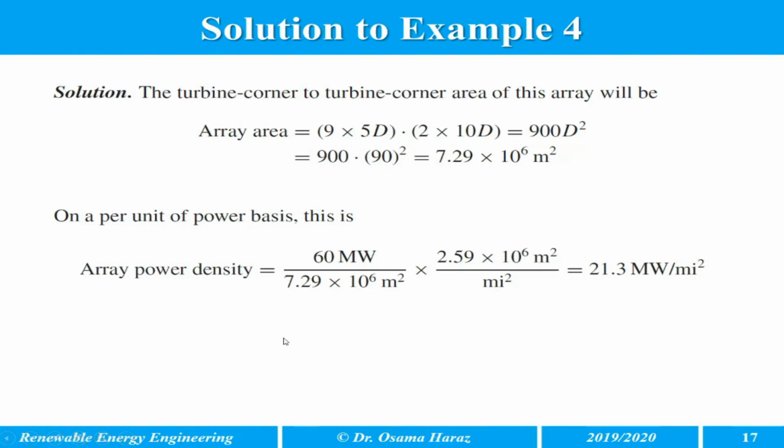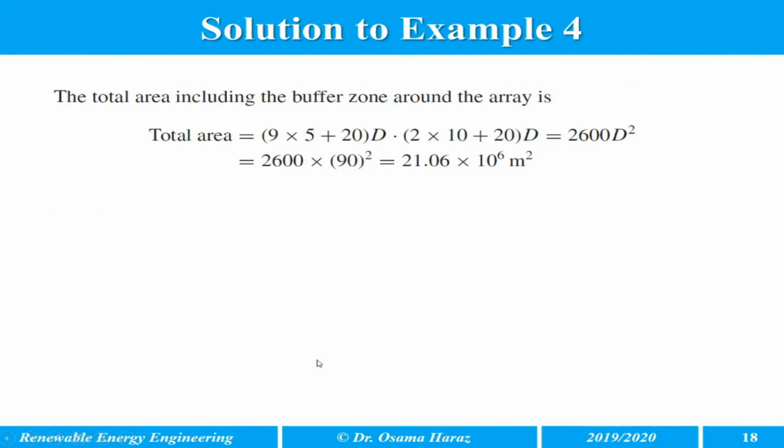After adding the buffer zone, the area will not be 45 by 20D squared, it will become 65 by 40D squared, as we mentioned. So here we need to add 20D and 20D, so it becomes 65D times 40D. It will give you 2600D squared.